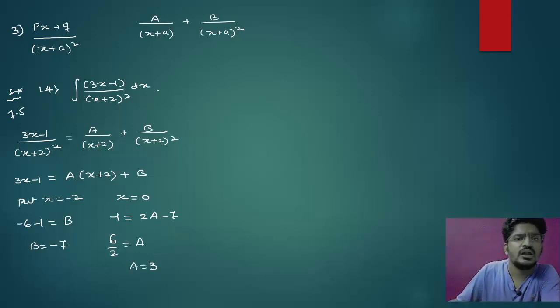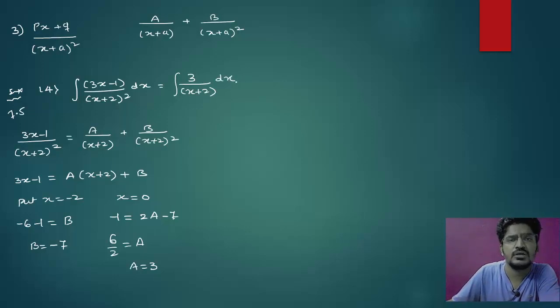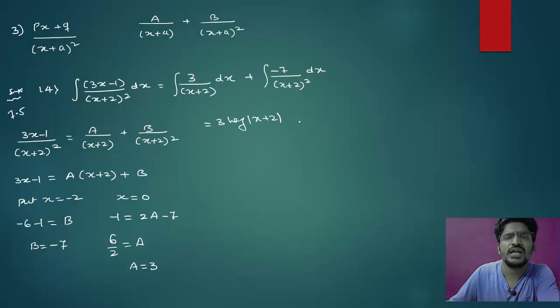Okay. Now we can simplify this as the integration of 3 divided by (x + 2) with respect to dx, plus the integration of −7 divided by (x + 2) whole square with respect to dx. So that will be 3 times log of mod (x + 2), and −7 is a constant.